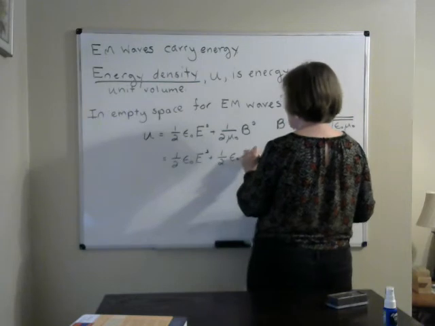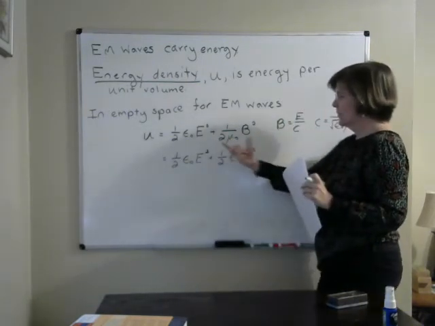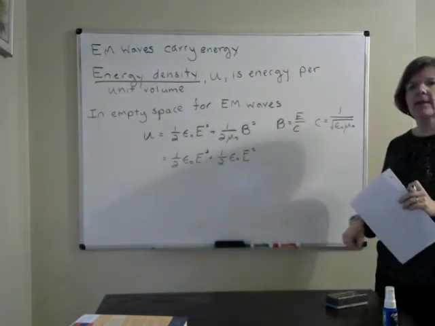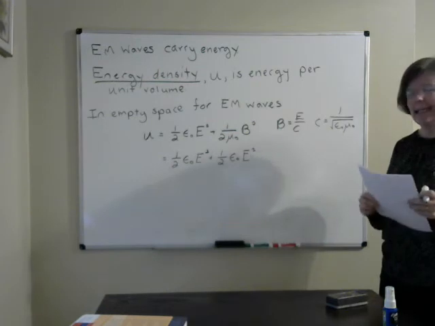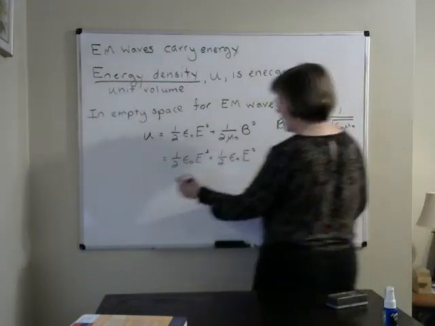And what we find is this quantity is exactly equal to this quantity. That makes sense. So the electric field and the magnetic field each contribute an equal amount of energy to the energy density.